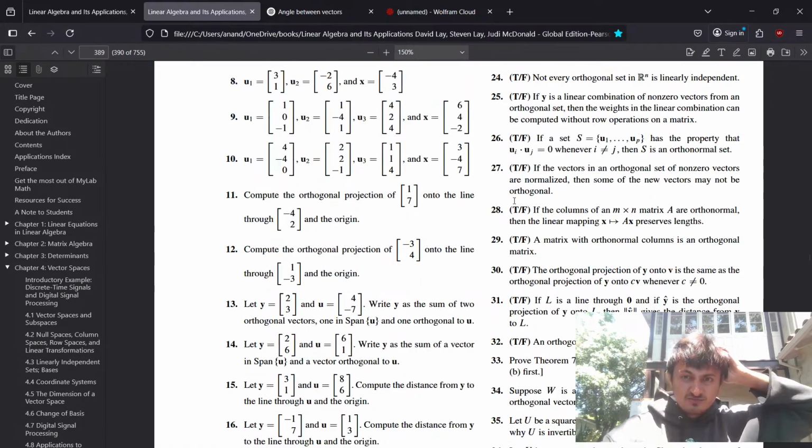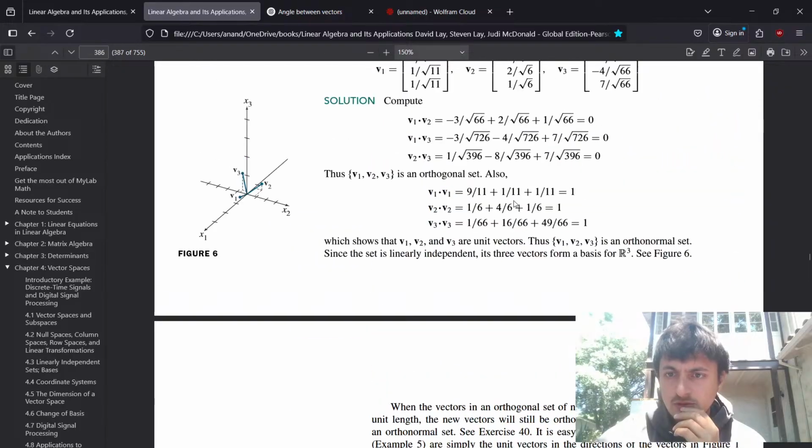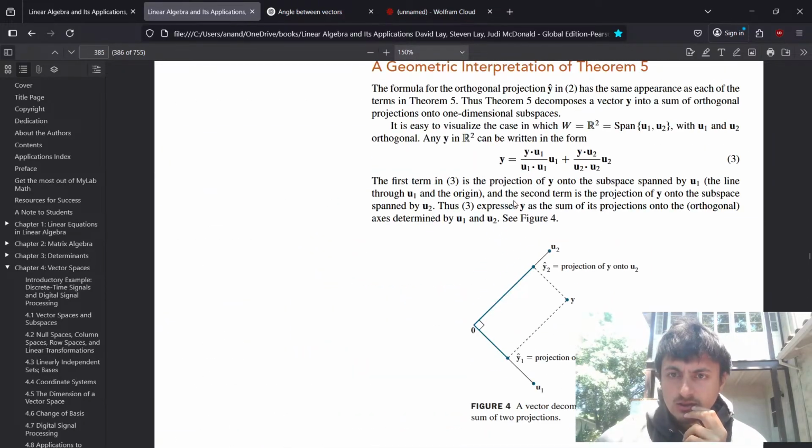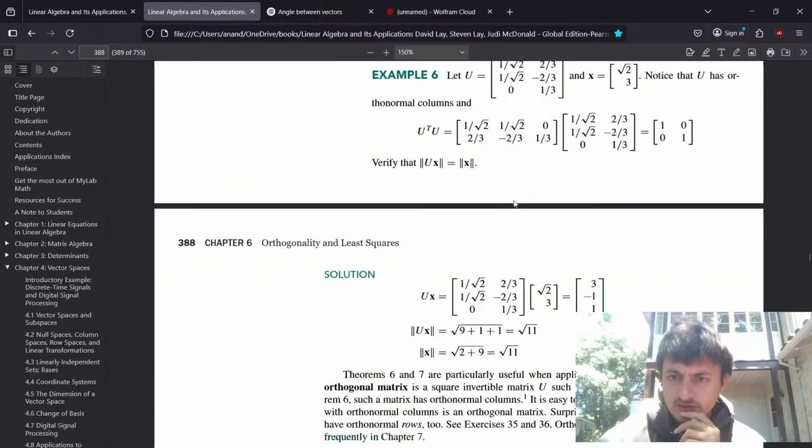Okay, so the first theorem that I want to use is that orthonormal... wait, where did we prove it?